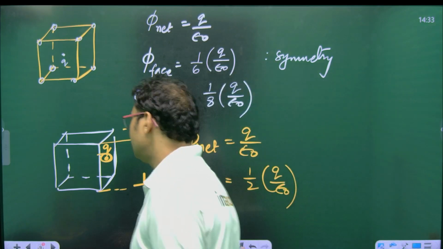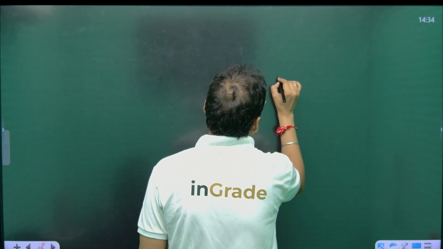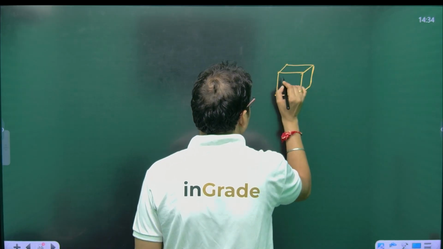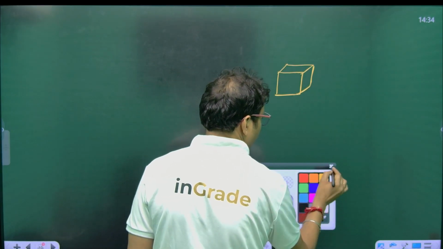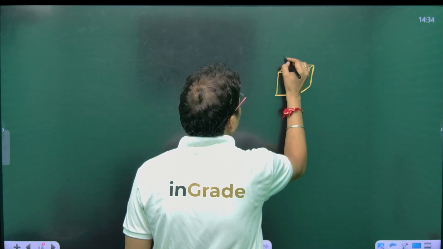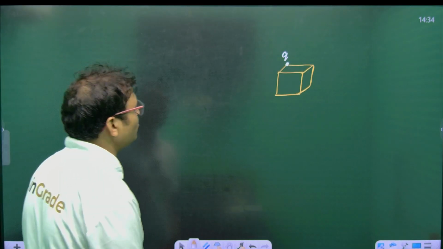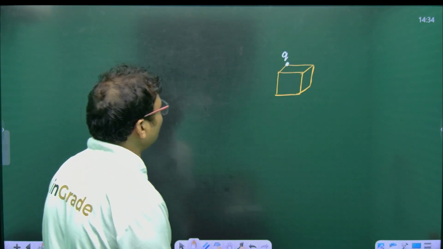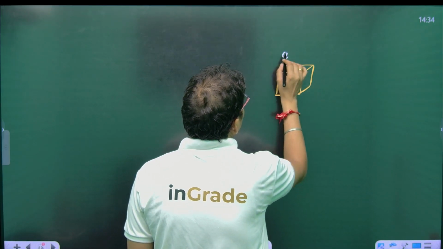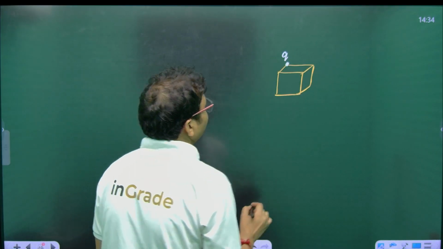Now, look, there is a cube. If the charge q is kept at one corner of the cube, like this, first of all, we need to enclose this charge in an enclosure.